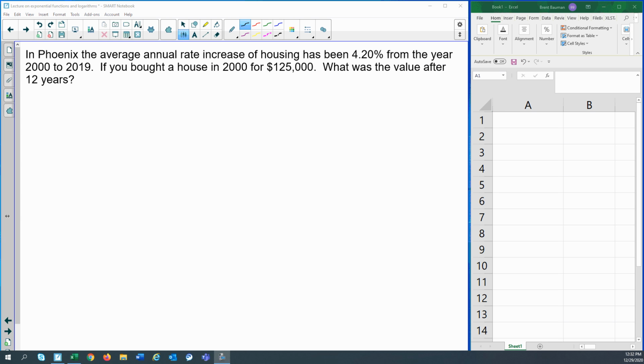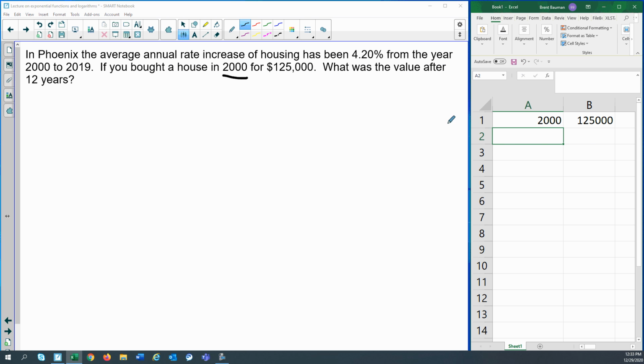So let's see what we're working with here. Some of the facts that we know is in 2000 it was $125,000. So I'm going to write that down. In the year 2000 it was $125,000, and this would be year 0. So this is when you initially bought the house.